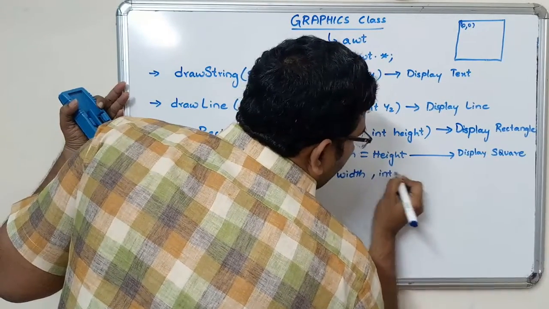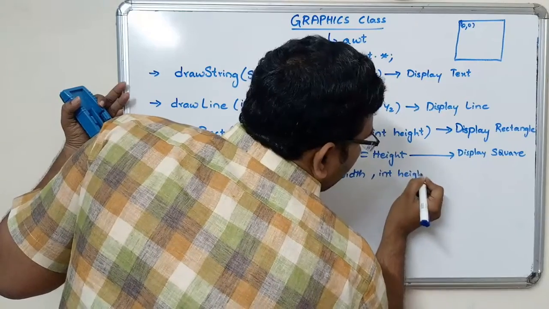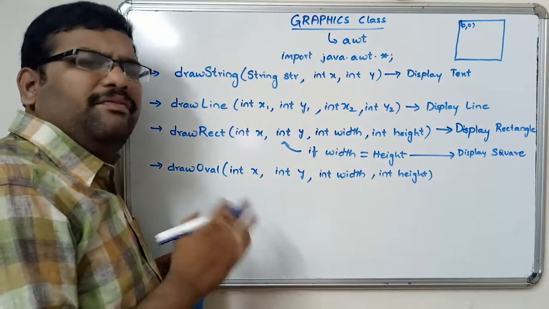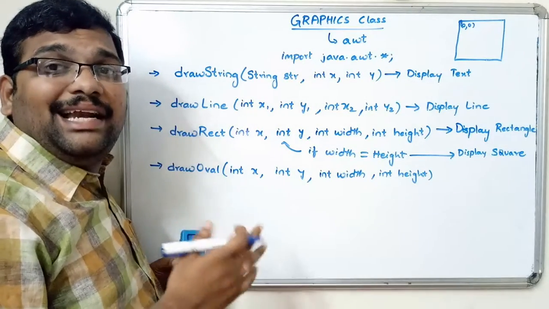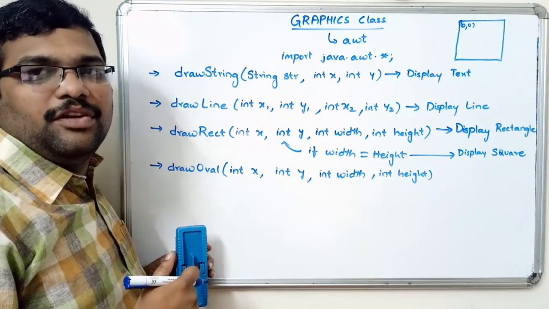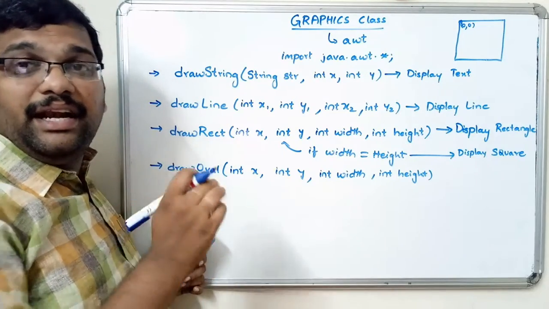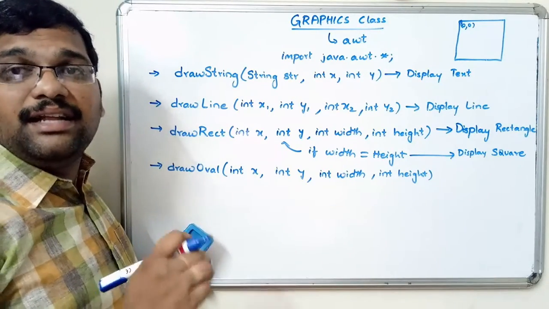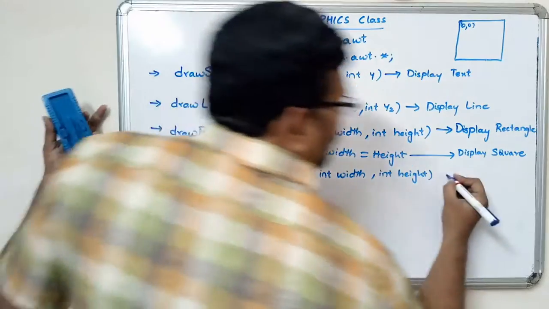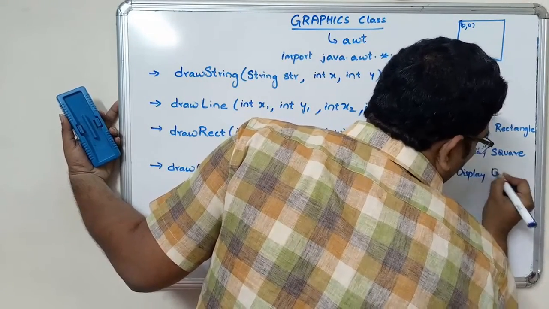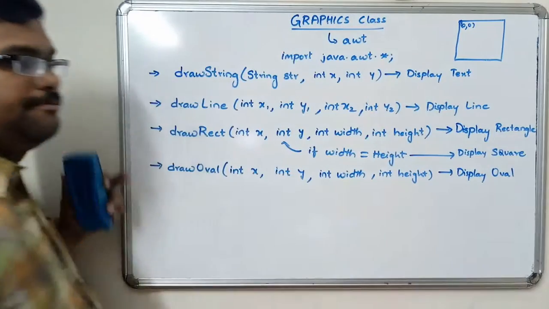Simply we can say, instead of giving the width and height, it is x radius and y radius, that means a radius along the x axis and a radius along the y axis. It will display the oval.